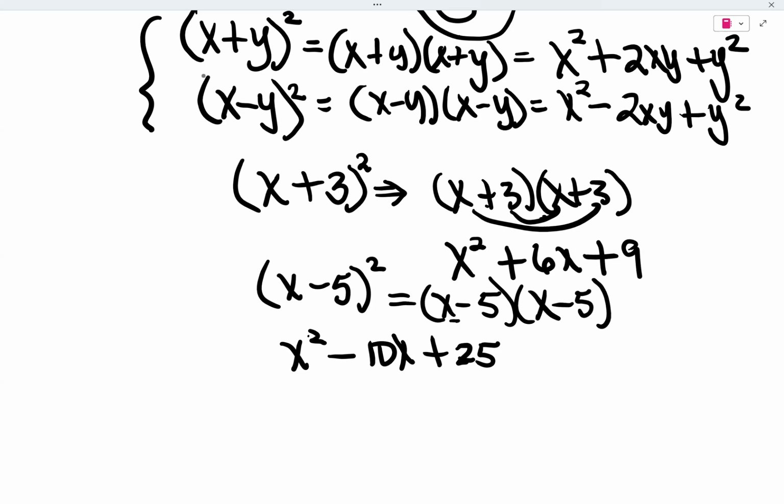X times x, x squared, minus 5x plus minus 5x is negative 10x, and lastly, the product, negative 5 times negative 5, positive 25. Okay, is that cool?